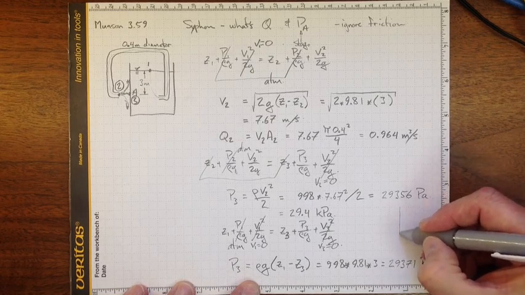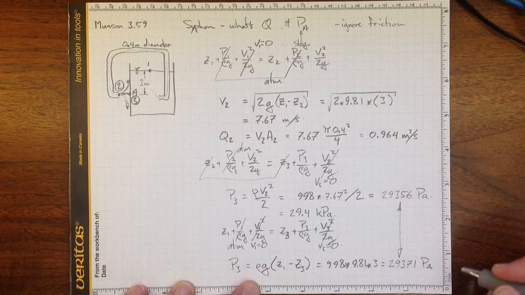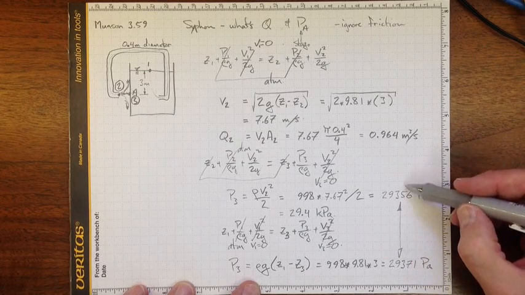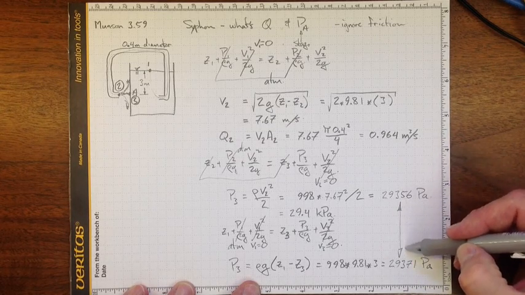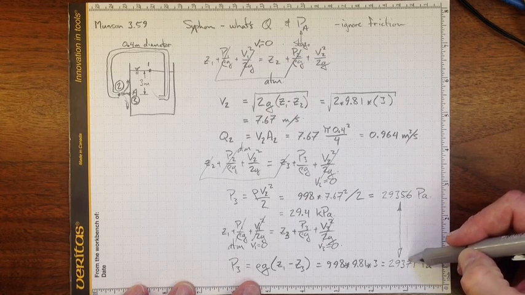Now that's not quite exactly the same answer as there, but I think it's certainly the same answer to within the round-off error. Our differences are lying out here in the fourth significant figure.